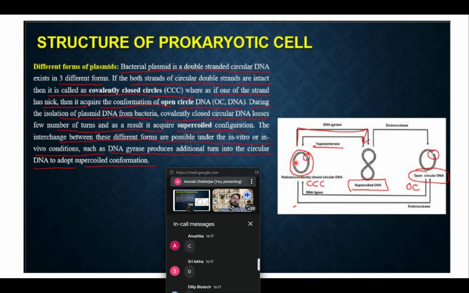But in physiological conditions, inside the cell, they do not exist as circular, because it is very difficult to maintain a perfect circle. What they do is undergo supercoiling, which is something like how the landline phones used to exist in the past, where the landline phones had these cords that turned amongst themselves and formed spiral structures. That is how supercoiled DNA is formed.